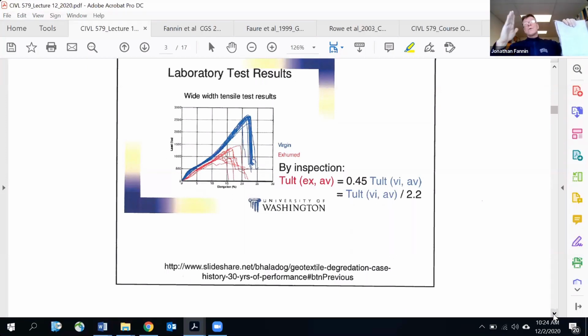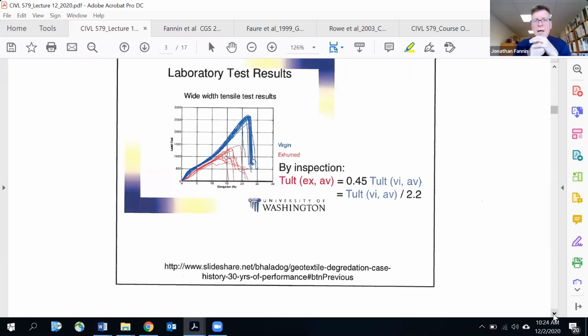Then we fast forward 30 years and you exhume more geotextile. And now if you test it, any further deterioration in strength, you can attribute it to a loss of strength over time that is over and above the loss of strength due to installation damage, if we view durability as being a time-dependent loss of strength.